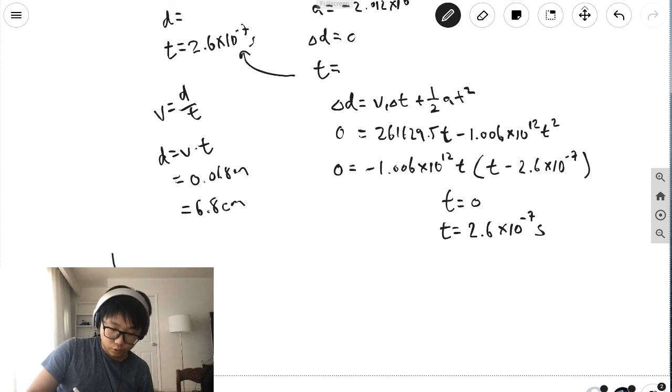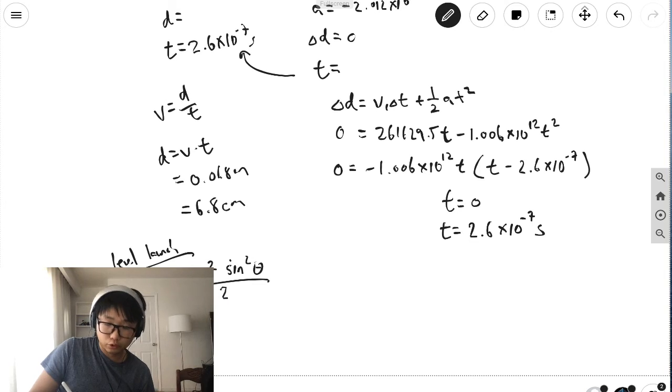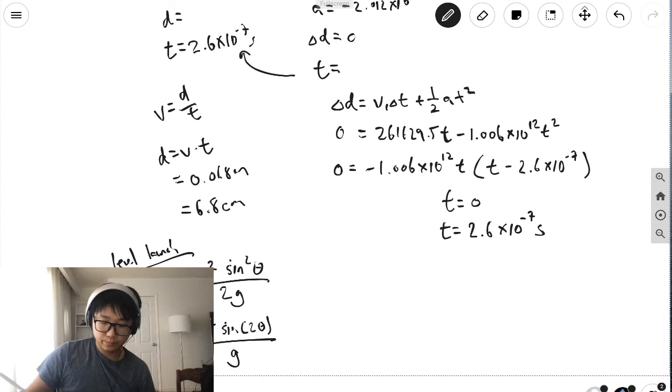For level launch, the max height that it achieves can be given by v squared sine squared theta all over 2g, and then the range can be given as v squared sine 2 theta over g.